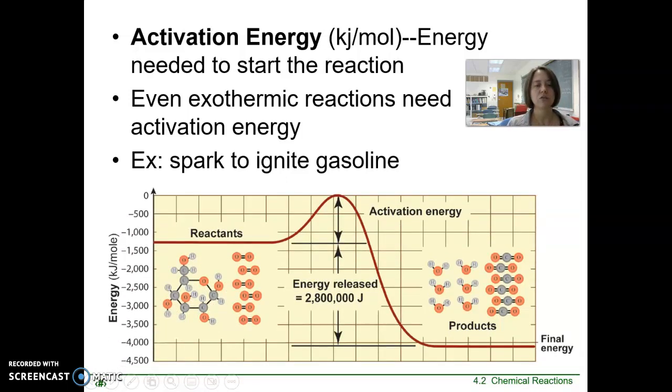You need a little flame to ignite the gasoline for that reaction to occur. So we are going to draw a simplified view of this graph. You're going to have energy on the y-axis, and time on the x-axis, and reactants on the left. It's going to go up a little bit and then down lower for the products.